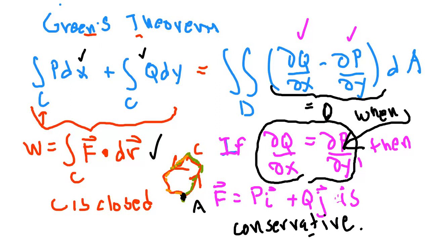So I always like to talk about this because for some students, of course, here I am just giving you a formula, and we haven't formally proved it. It's in the book, the proof, but we haven't formally proved it. But intuitively, the formula should make sense because when you have a conservative vector field, the work along a closed path in that conservative vector field is equal to 0.